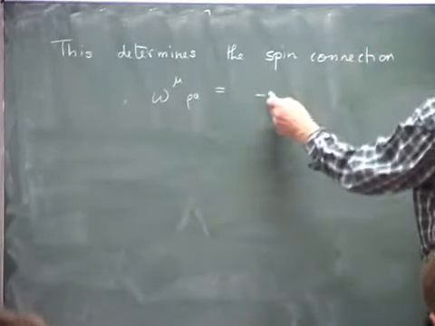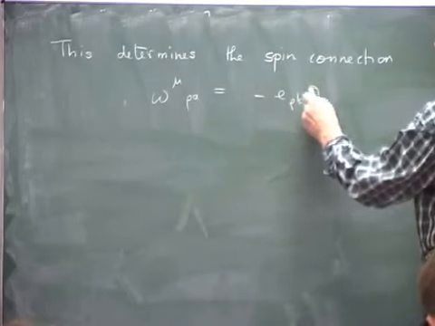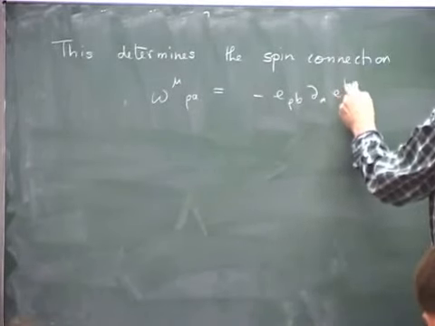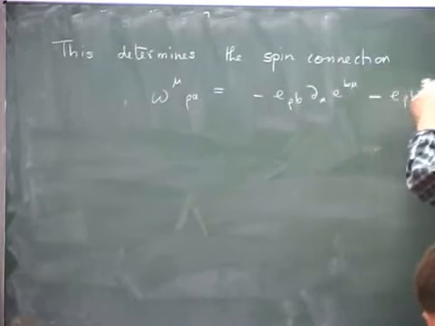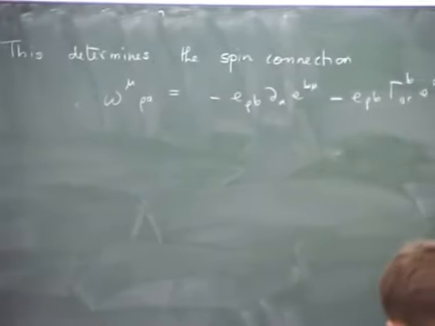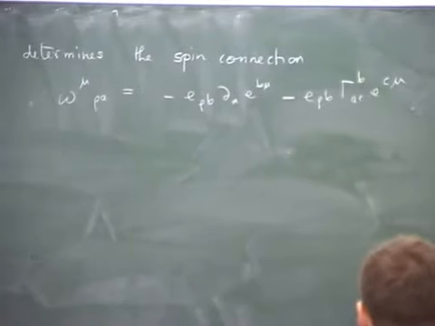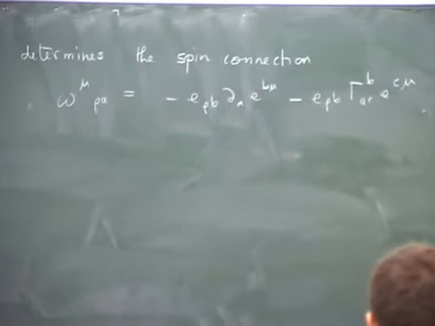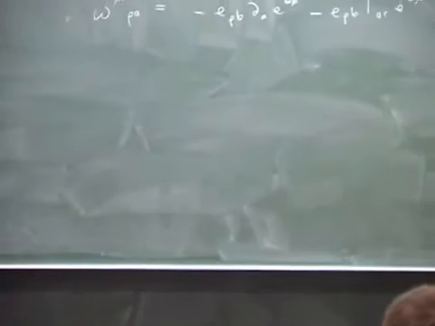So it's minus e_ρB ∂_A e^B_μ minus e_ρB Γ^B_{AC} e^C_μ. So that's something that you can actually calculate if you ever need to do that. So that is how to evaluate the spin connection in practice.